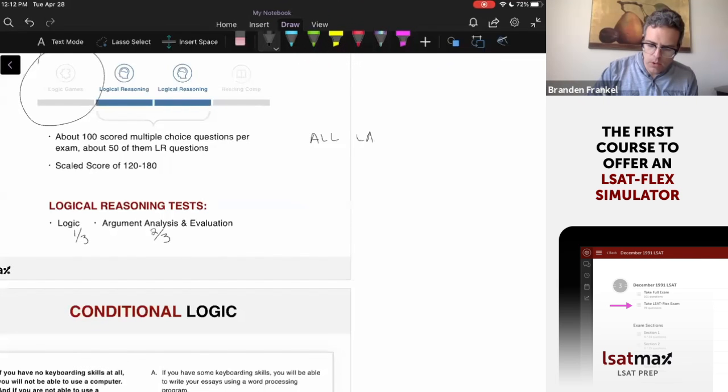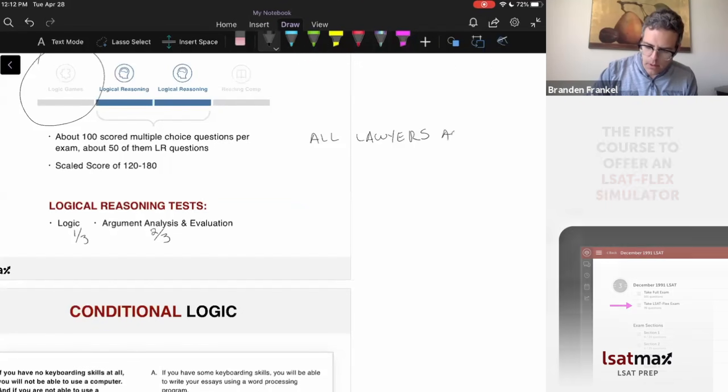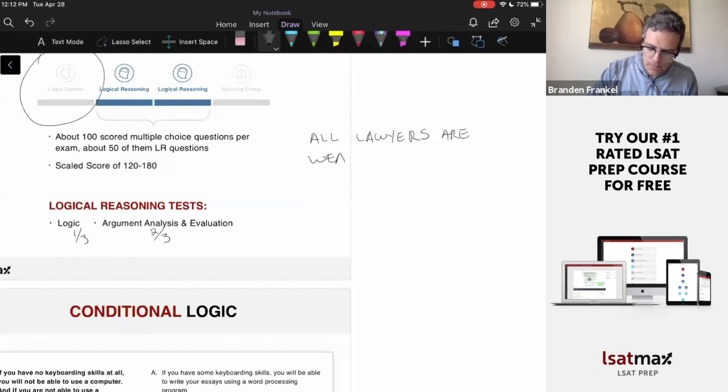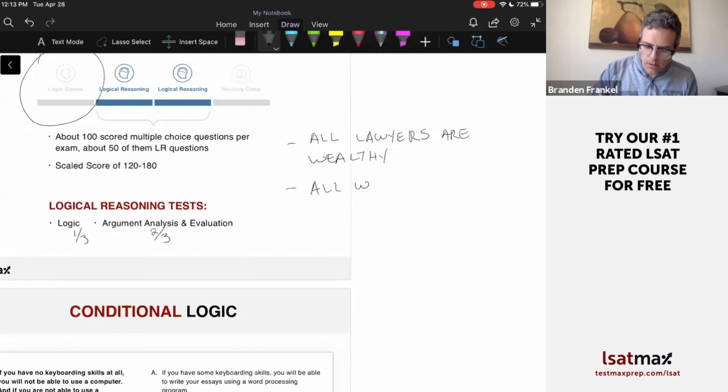All lawyers are wealthy, and all wealthy people are deliriously happy.